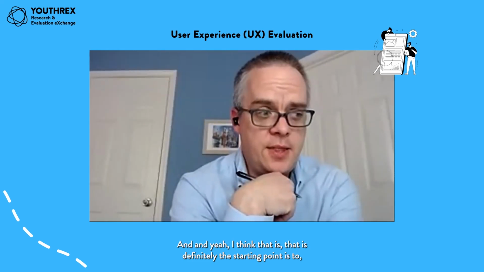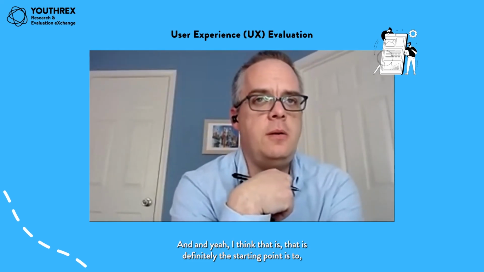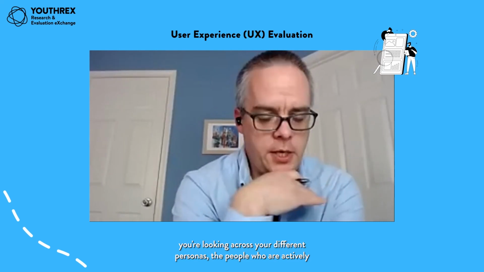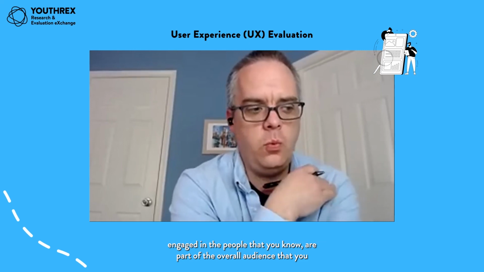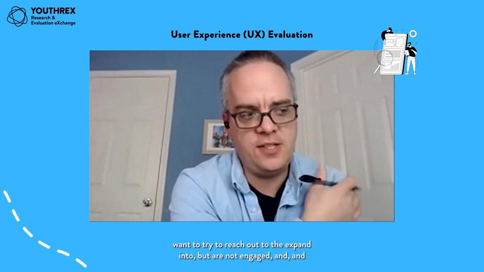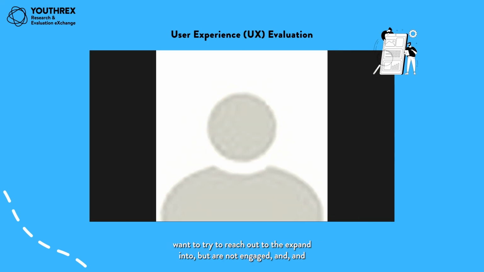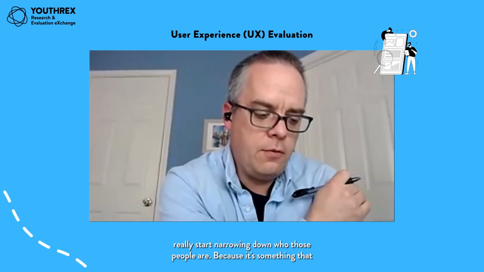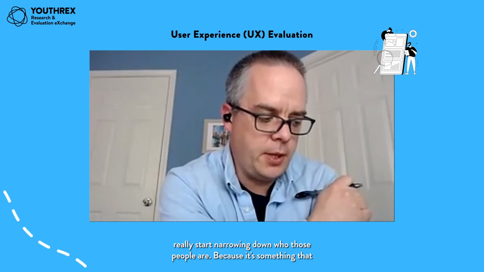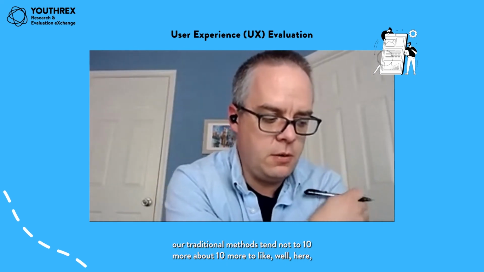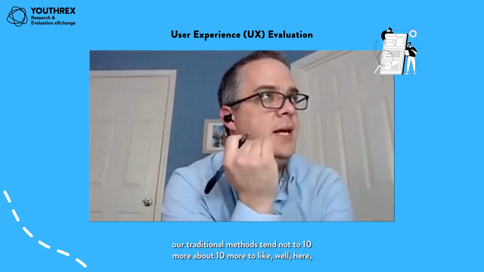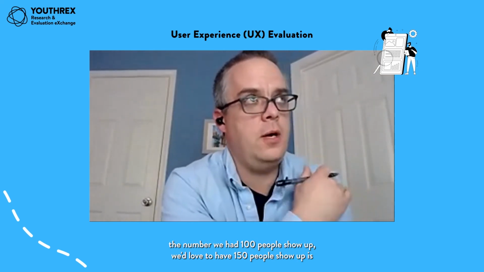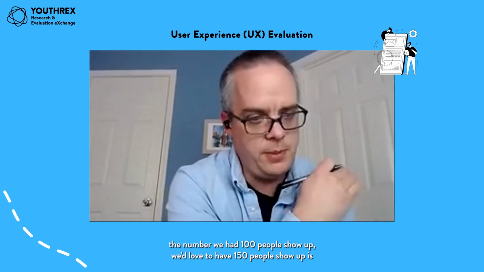Yes, I think that is definitely the starting point: you're looking across your different personas, the people who are actively engaged and the people that you know are part of the overall audience that you want to reach out to, to expand into, but are not engaged. And really start narrowing down who those people are, because our traditional methods tend more toward, well, we had 100 people show up, we'd love to have 150 people show up.